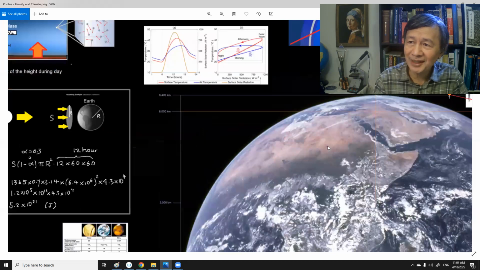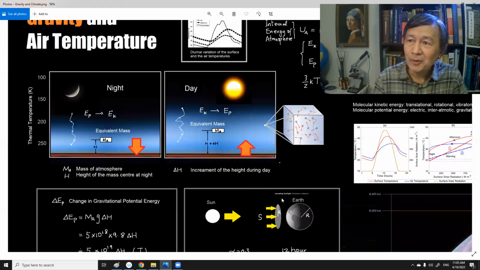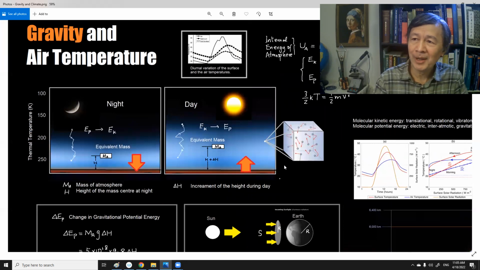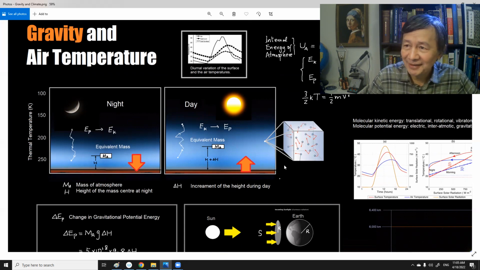Nevertheless, as we discussed today, gravity, discovered by Isaac Newton, can provide effective storage for the absorbed energy during the day and release that energy gradually in order to maintain our biosphere, where especially humans live, as comfortable as it is.